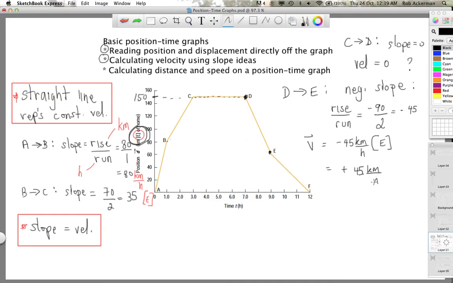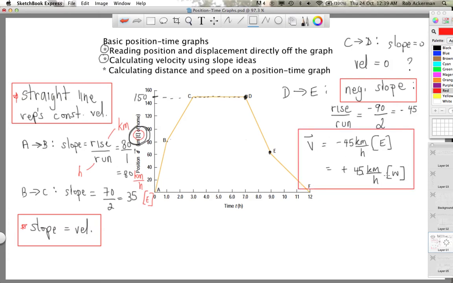Well, I think I can do it if I get you to believe that here you were going away from home to the east, and here you were coming back home, so you must have been going west. All right? So keep your eyes open for negative slopes as well when you're making these calculations. That's going to mean you reverse the direction of motion.